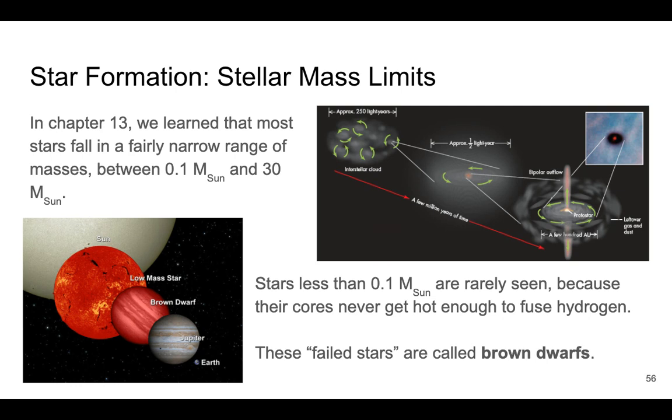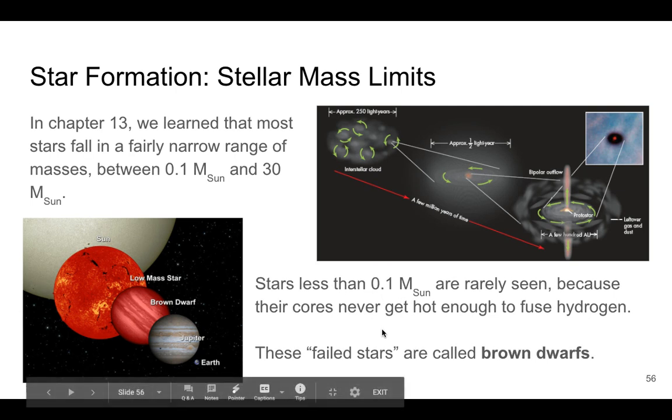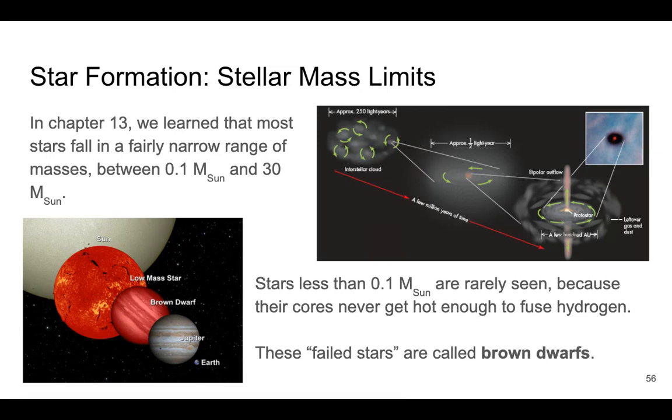So first, the little ones. If you have a star that is less than about 0.1 times the mass of the sun, so 1/10 the mass of the sun, you're not going to see many stars like this, because these stars are so unmassive, there's so little stuff there, that they never collapse enough that their core gets hot enough to fuse hydrogen. There's a little more detail to that.